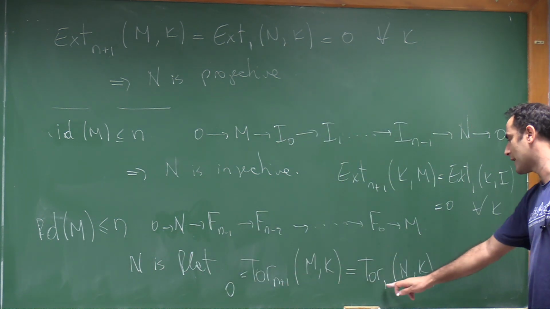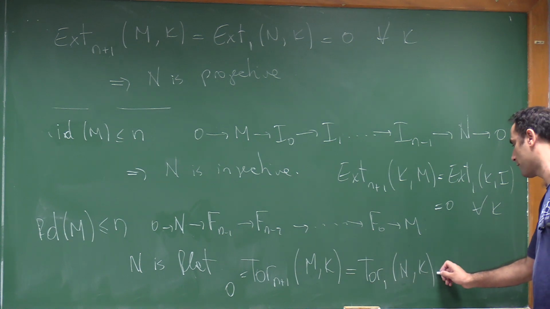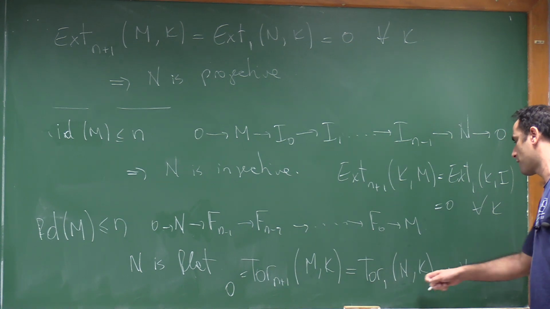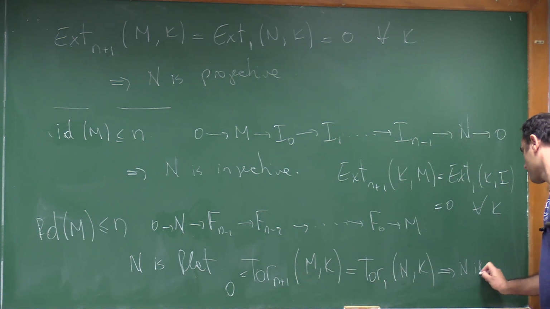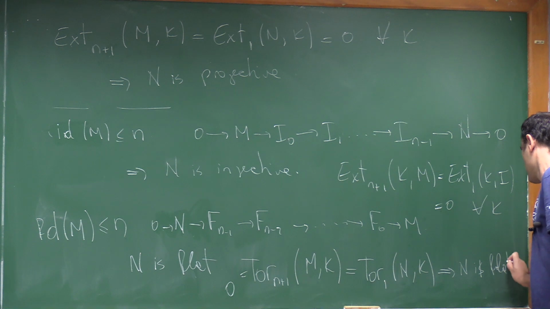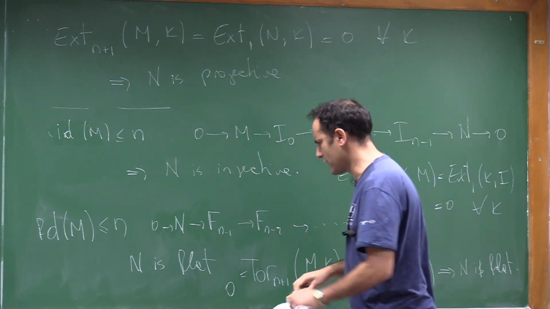But I haven't proven that this is equivalent to N being flat. So the fact that this is equal to 0 for any K implies that N is flat. I think I haven't proven that, so let's prove that.